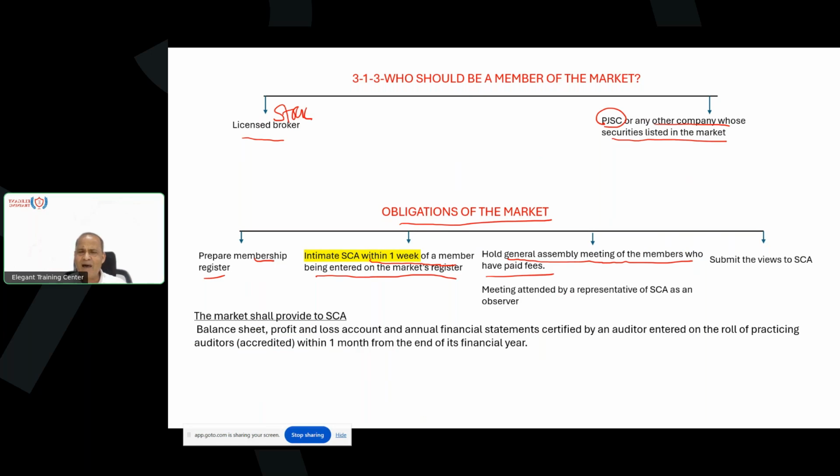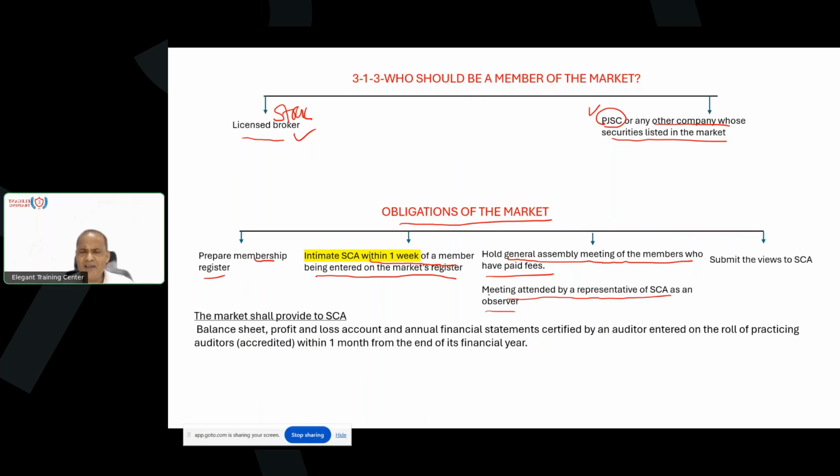Clear? Hold a general meeting of the members who have paid fees. The market will hold a general meeting of the members. Who are the members? Brokers and PJC companies. And those members can go to the meeting if they have paid the fees. The meeting is attended by a representative of SCA as an observer.